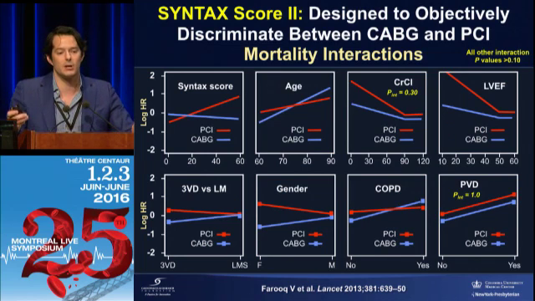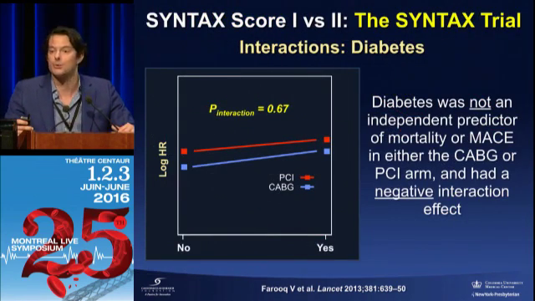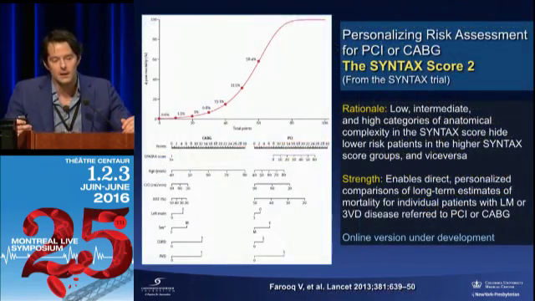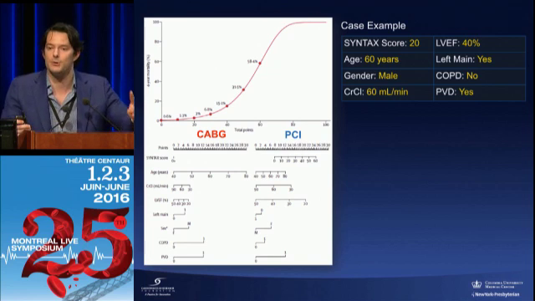And Jean-François alluded to the variables that were shown to have an interaction. And very interestingly, but not surprisingly, diabetic patient was not a variable that showed interaction, meaning that the complexity of the anatomy is more important than the status of yes or no diabetic. And we can debate that point. For the same patient, what we're doing is we compute two scores.